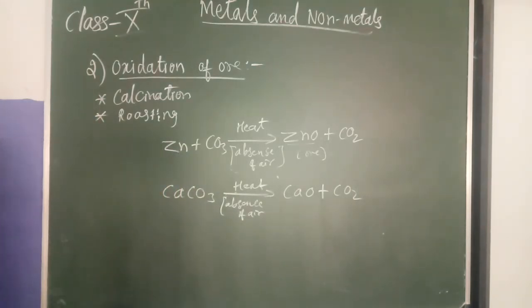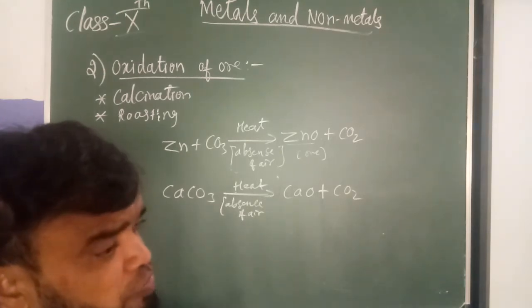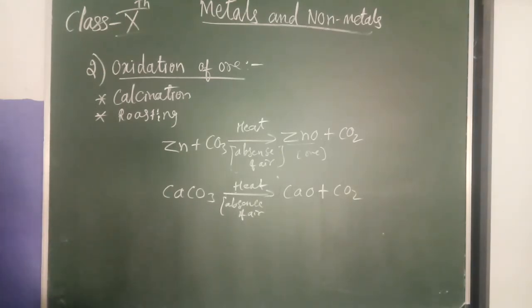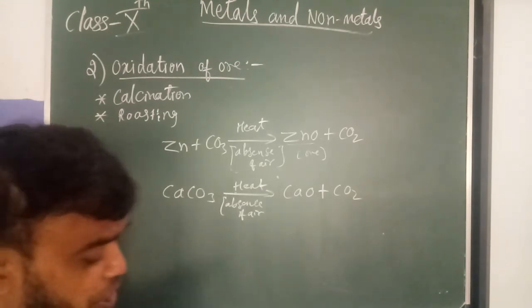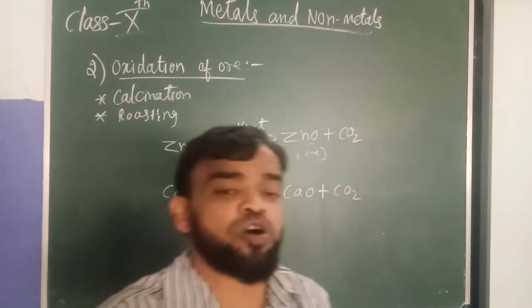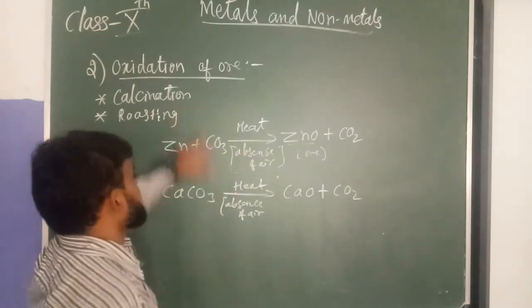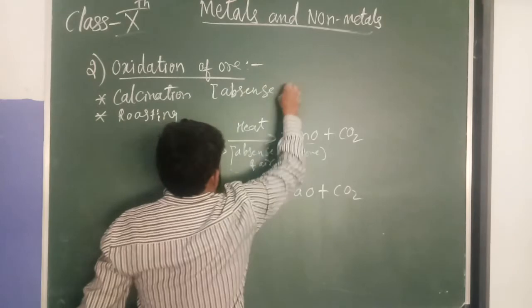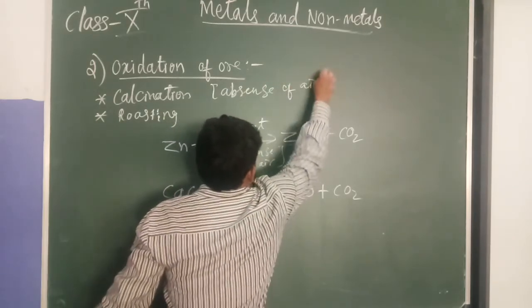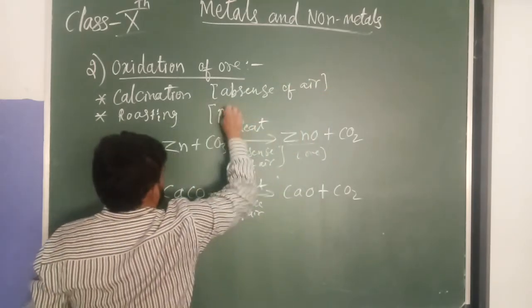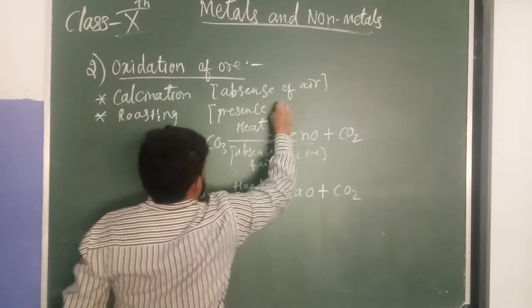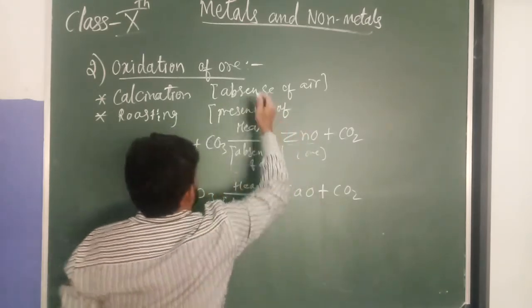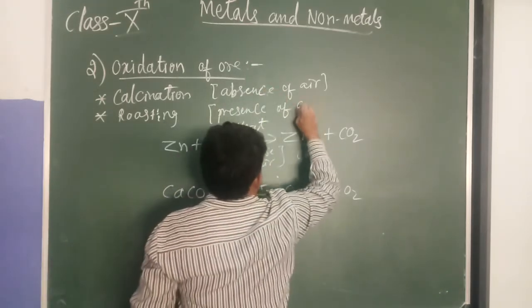Calcination is the heating of ore in the absence of air. Now the roasting: it is the heating of ore in the presence of air.